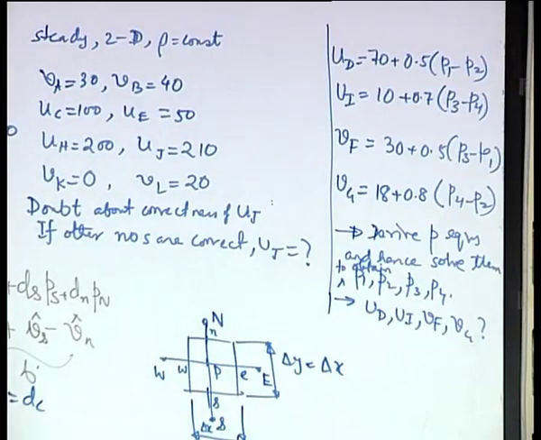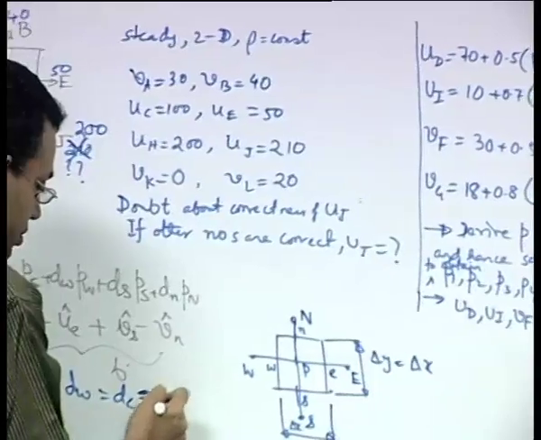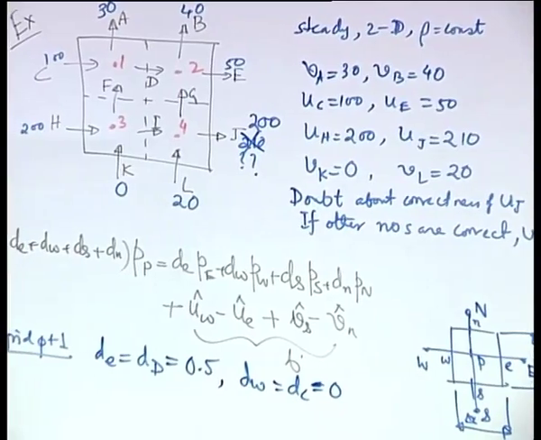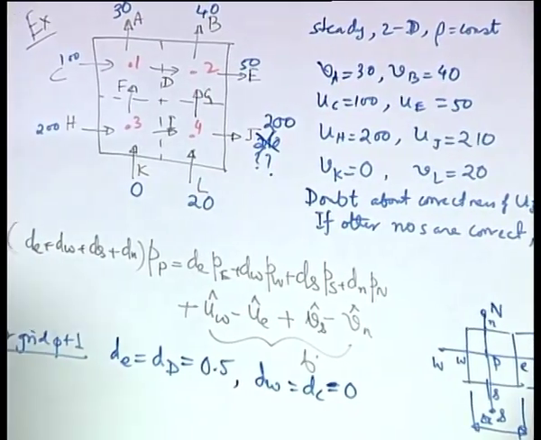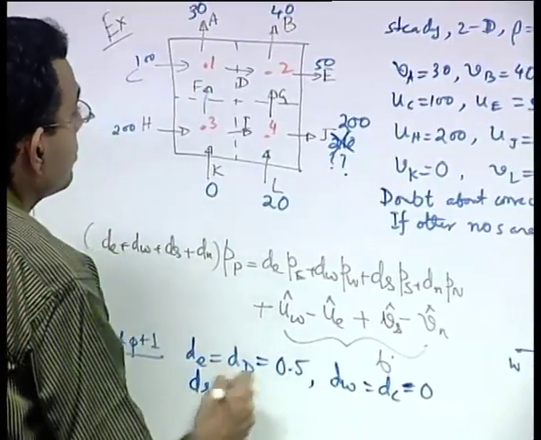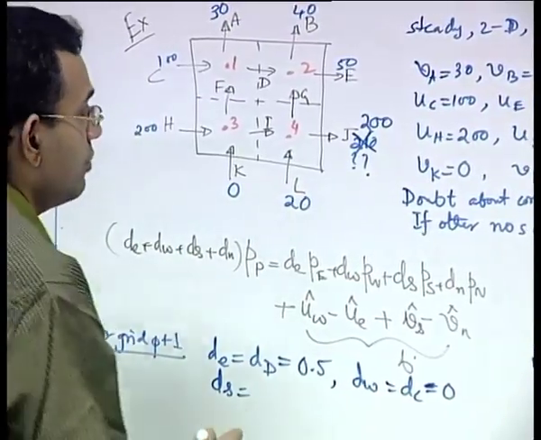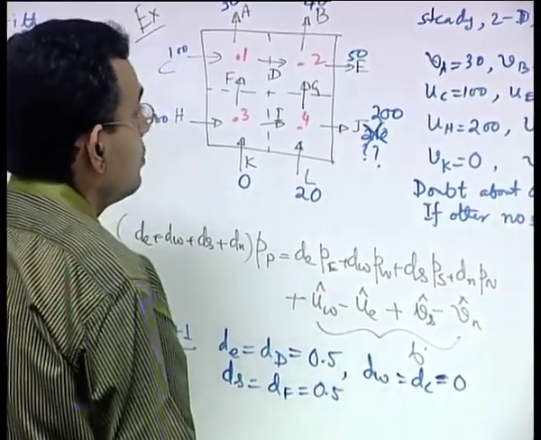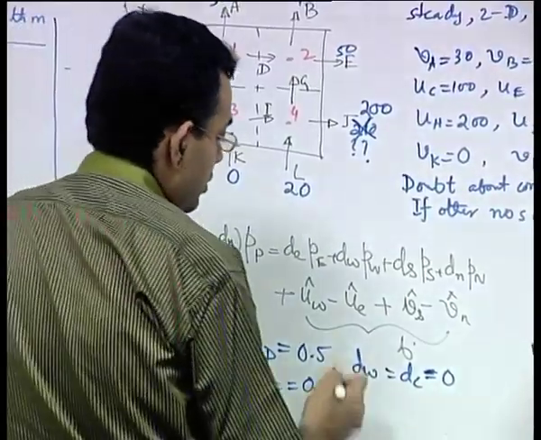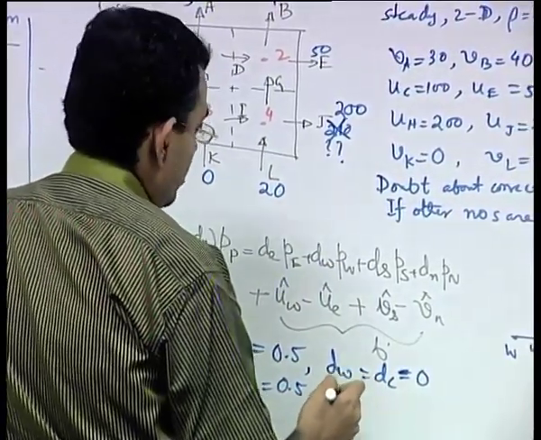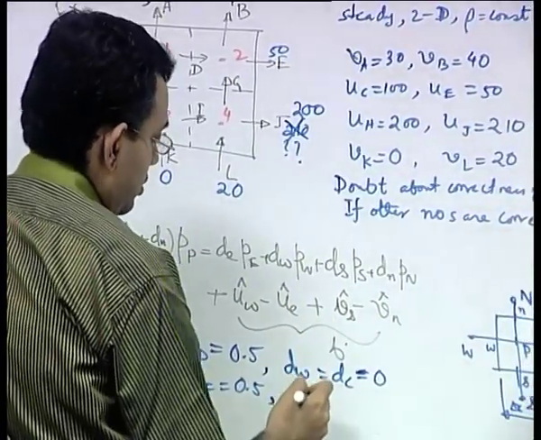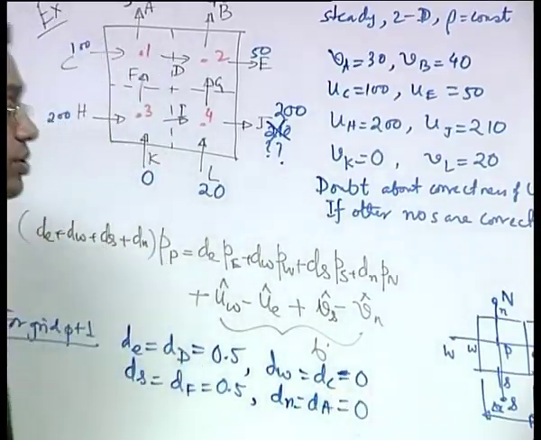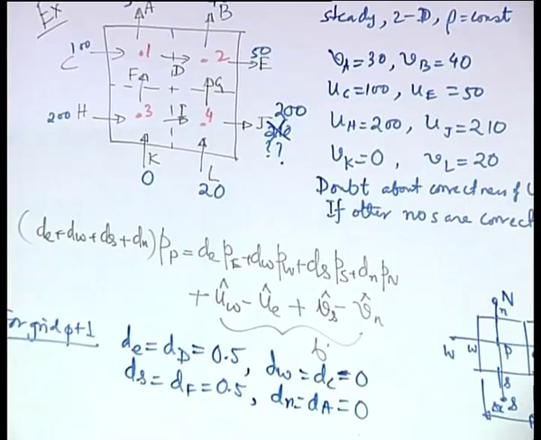So DC is equal to 0. Then DS, that is equal to DF, is equal to 0.5 and DN is equal to DA, that is equal to 0 because VA is given.